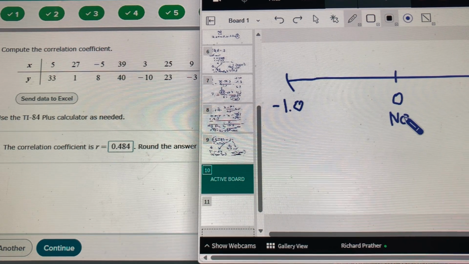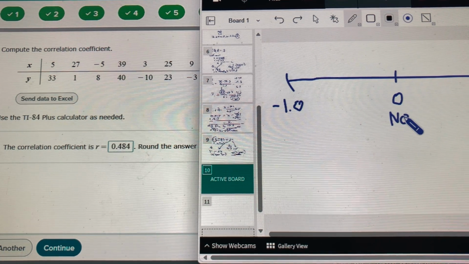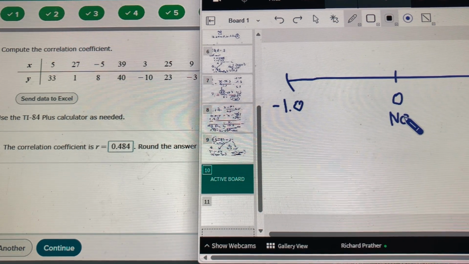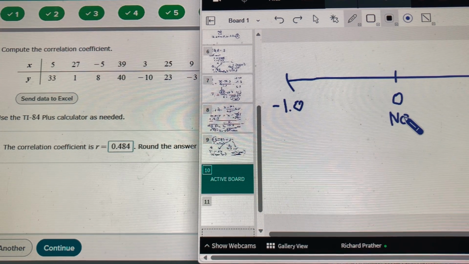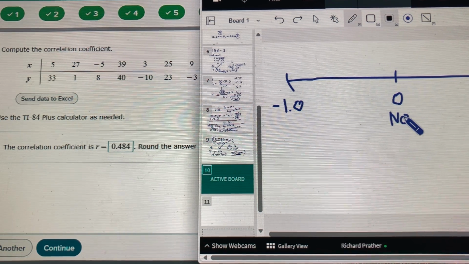Height and IQ don't have anything to do with each other. But height and arm span do have something to do with each other. Generally, taller people have longer arms, so if you measure their height and measure their arm span, the taller you are, generally the bigger your arm span is, and the shorter you are, generally the shorter it is. It's not a perfect relationship, but there's a strong relationship there.